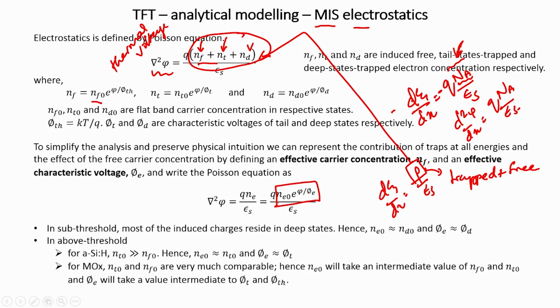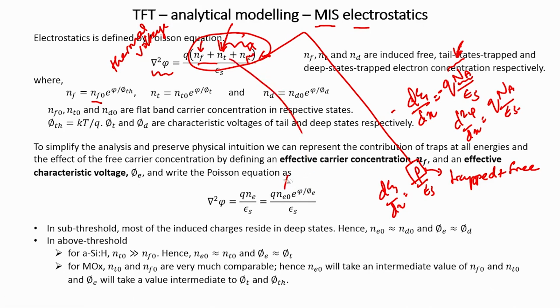This is definitely not the most accurate approach, but it is being done only for the purpose of this example. So, what does this mean? It says that if the trapped carrier concentration is the largest, if say one of these two is the largest, then this term will consist mostly of trapped carriers, and this characteristic voltage will tend towards one of these characteristic voltages.